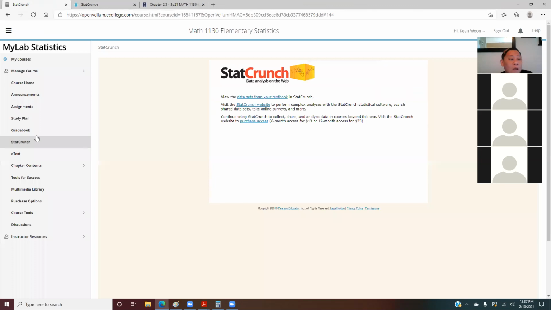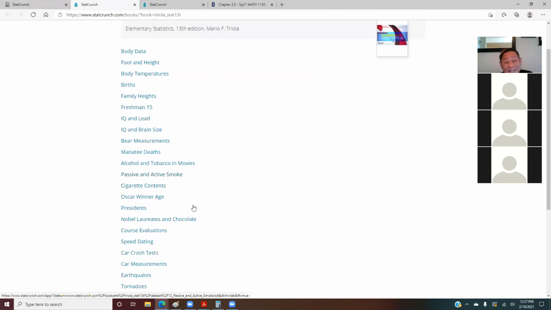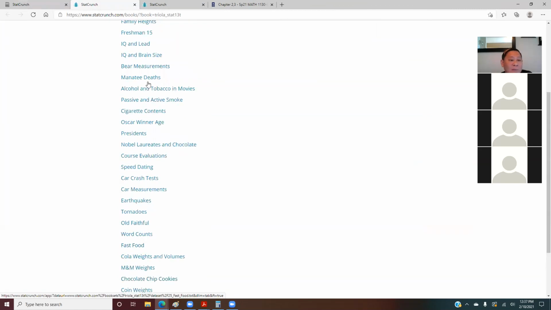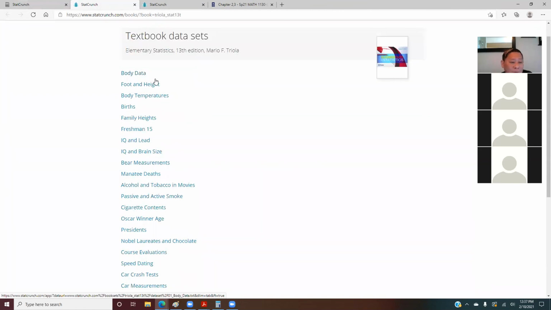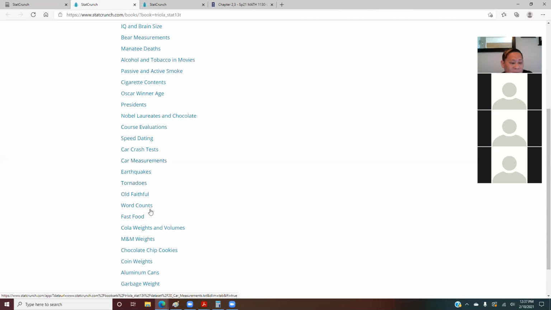So make sure you go to StatCrunch and hit Data set from your textbook. This data set is the one that I'm talking about. It's exactly the same, but you need to find it. Last time it was body data. Where is the bears one? Cars is measurements, I think. Fast food.